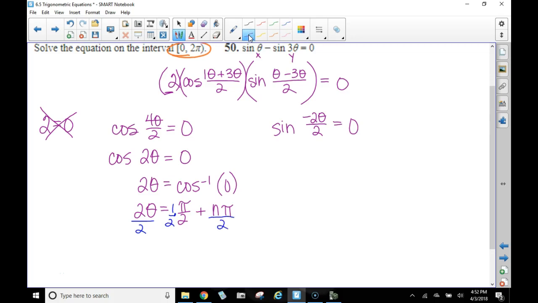Whatever we want to do there. So our angles for theta are found by using this formula: pi over 4 plus n pi over 2. Now, remember, we're going to go between 0 and 2 pi.